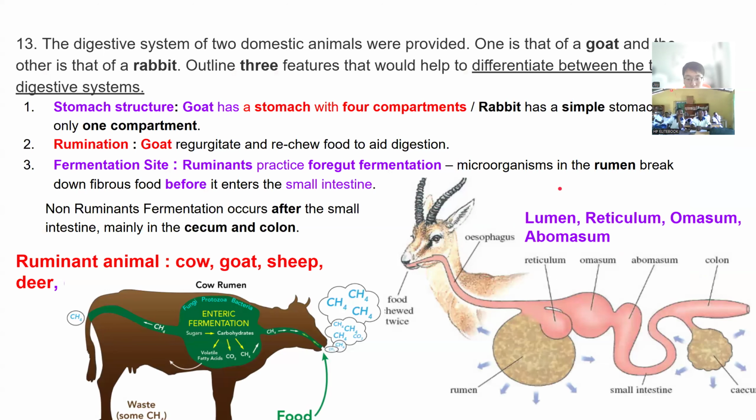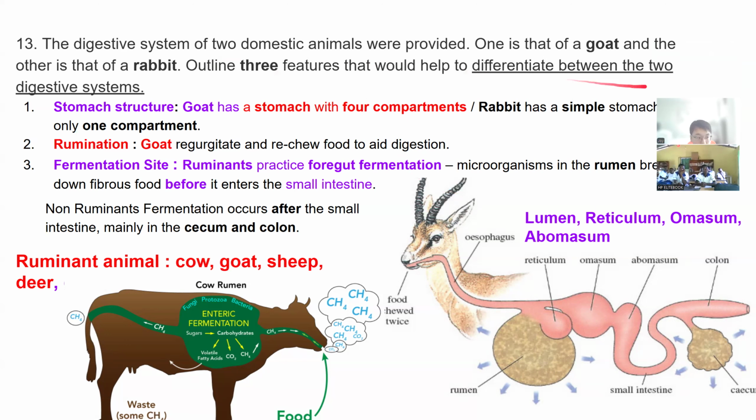Here it is talking about the digestive system of different animals. So one is that of a goat, and the other is that of a rabbit. Outline three features that would help to differentiate between the two digestive systems.